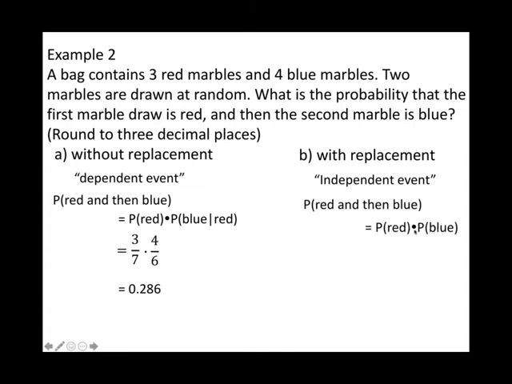This time we only need to multiply the probability of a red marble times the probability of a blue marble. The probability of a red marble will be 3 over 7, right? And then we're going to put it back, so the total number of marbles is still 7. That will be 4 over 7. And you should get 0.245.